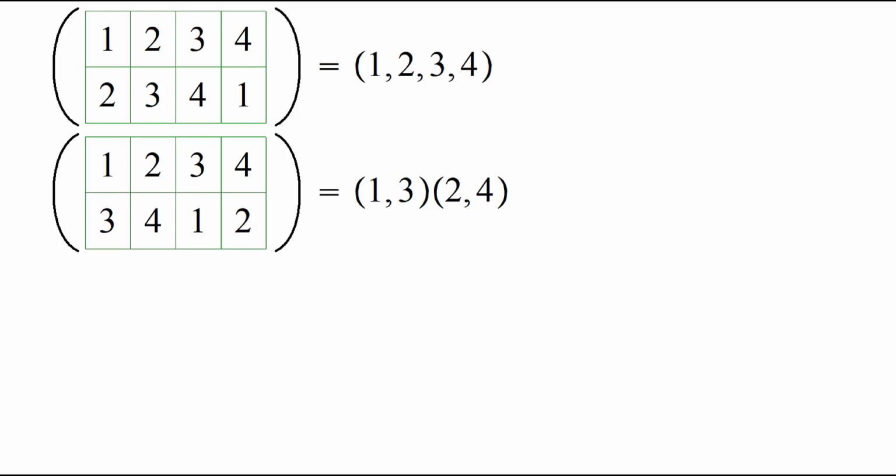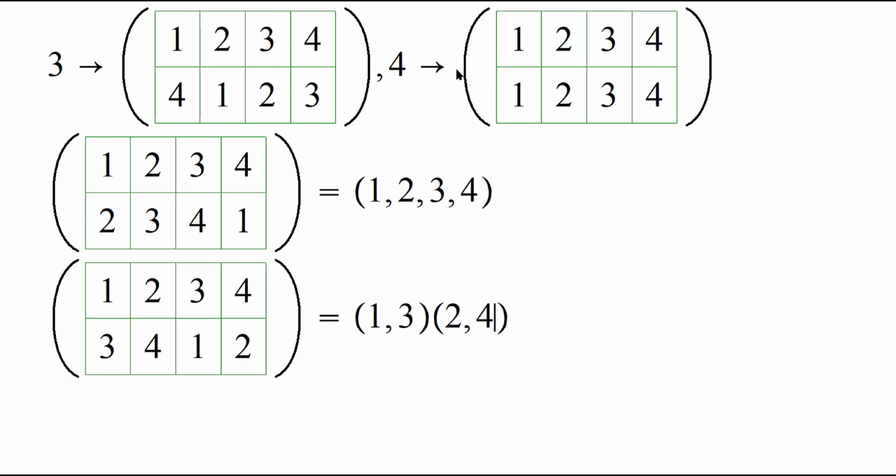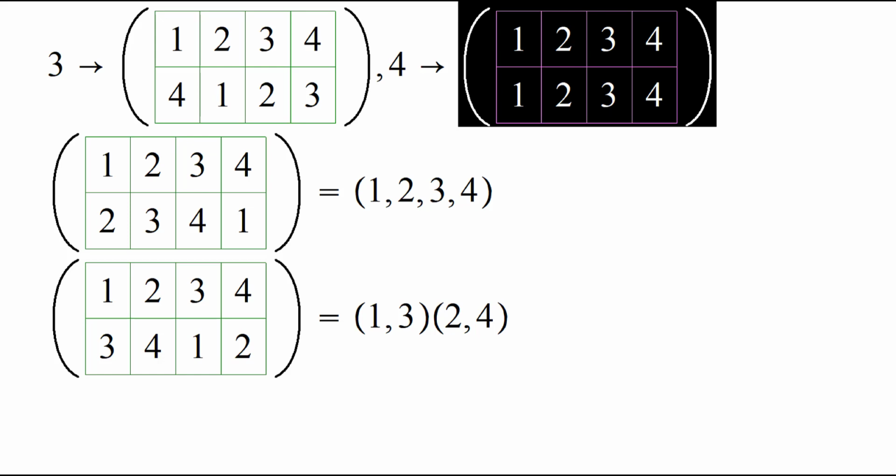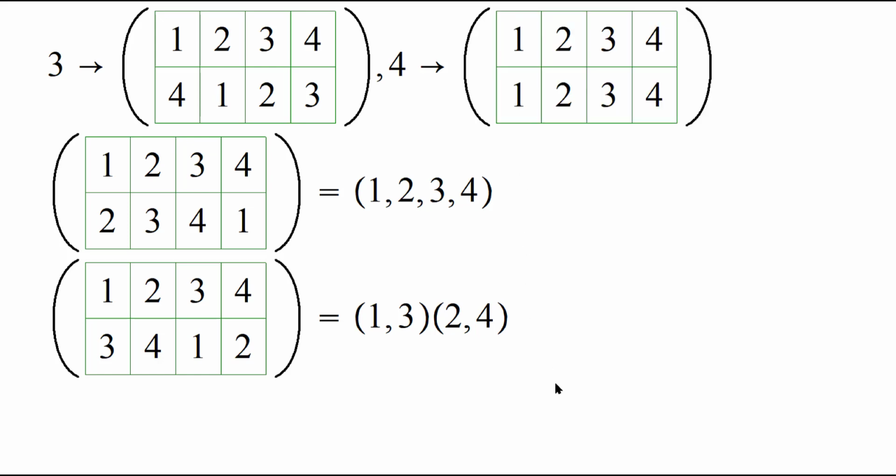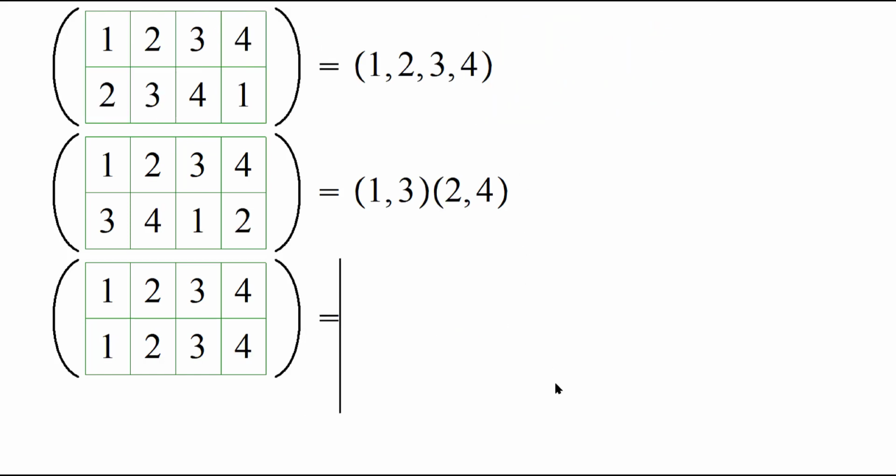Then 2 goes to 4, 4 goes to 2, we get 2, 4. I mean, still we are okay that we got the identity element.